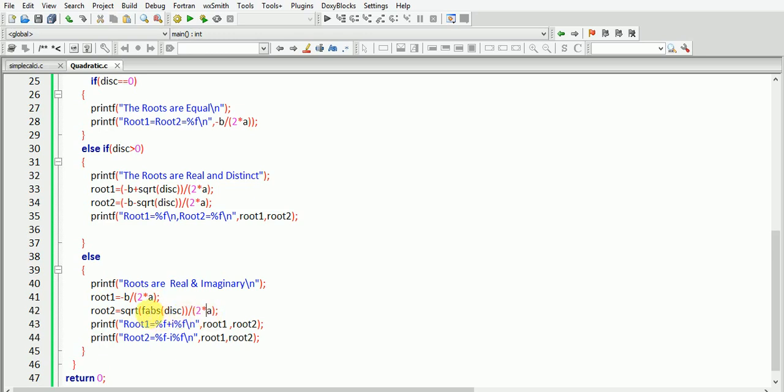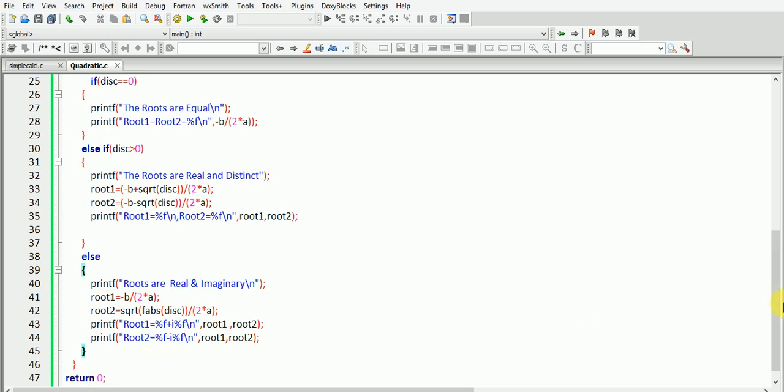Since we are using this absolute value, we include #include math.h in this program. So now we print the values of root 1 and root 2 when the roots are real and imaginary.